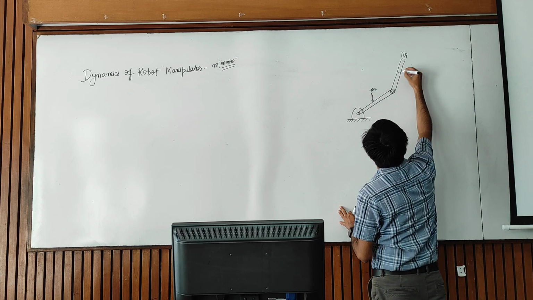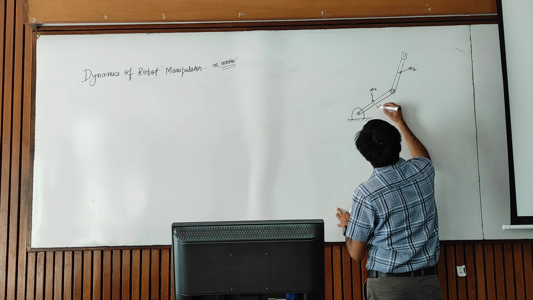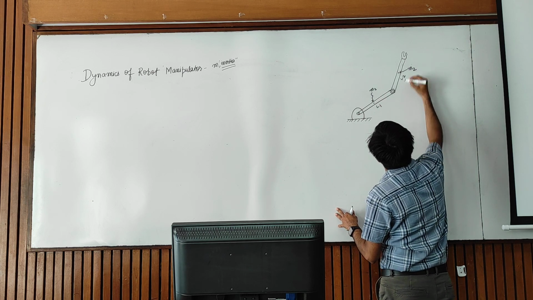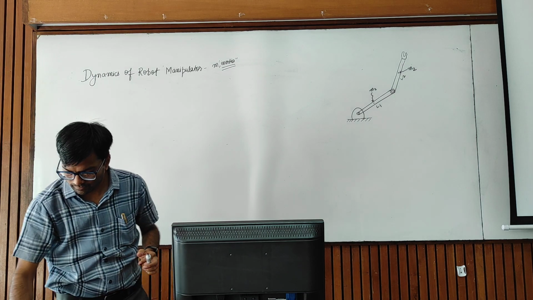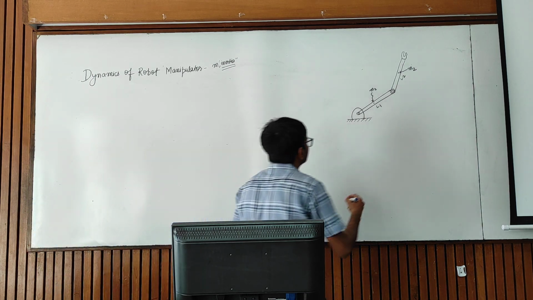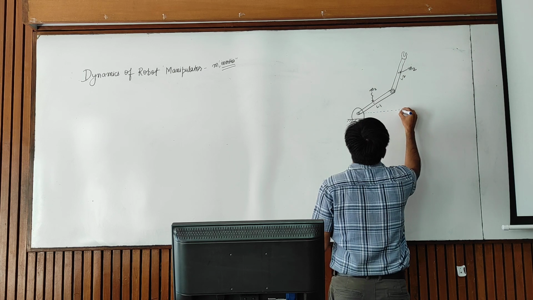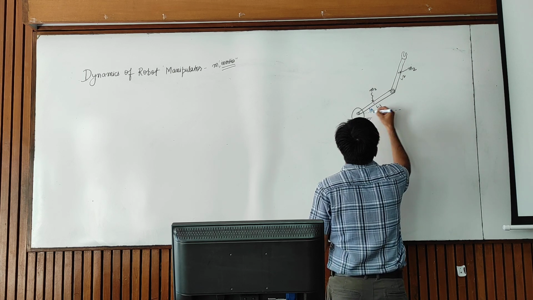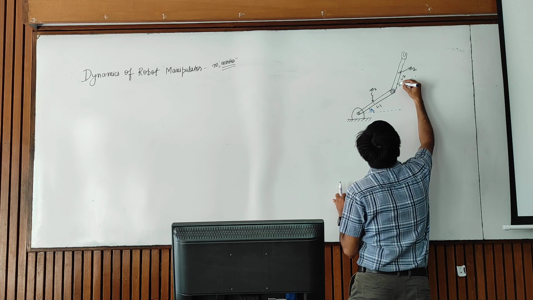So this is mass 2, link length is L1, link length is L2. My theta 1, and along this I have theta 2.